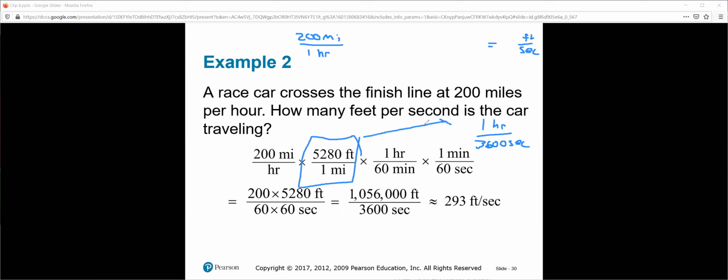So I have these two conversions that, lucky for me, get me where I want to go. At this point in the game, technically, the organization is relevant. So I can do 5,280 feet in 1 mile. Doing this, I cancel mile, and I get feet in my numerator, which is exactly what I want.